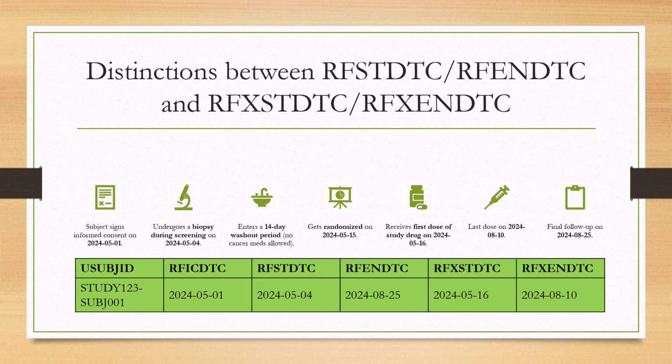The study reference period often duplicates the reference period defined in the RFSTDTC and RFENDTC, but not always. Therefore, this pair of variables is important, and they guarantee that a reviewer will always be able to reference the first and last study exposure reference period.